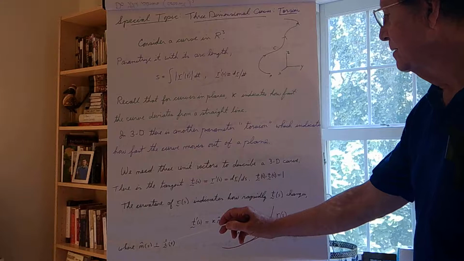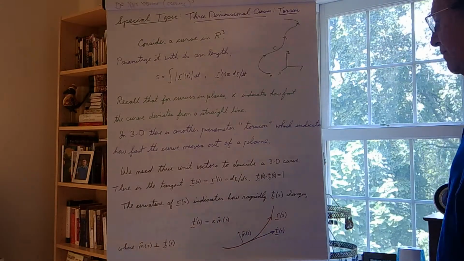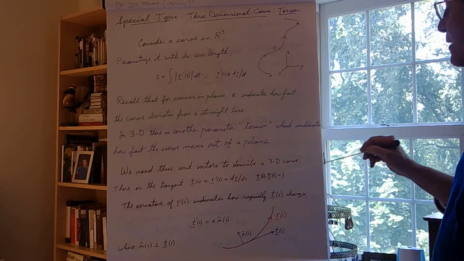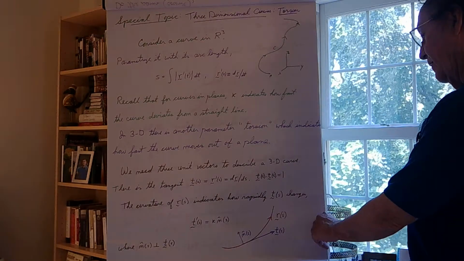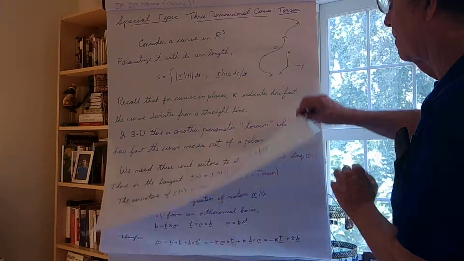N hat, the direction of the acceleration, is perpendicular to the tangent itself, and that follows from differentiating the normalization condition of the tangent, as we've seen in lots of different applications.